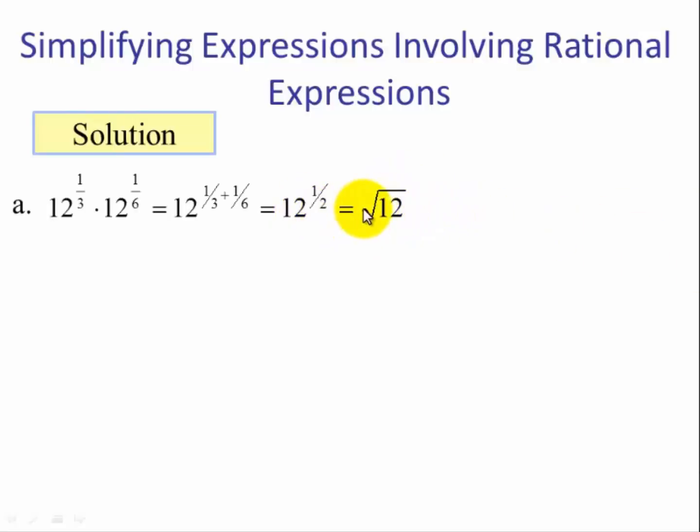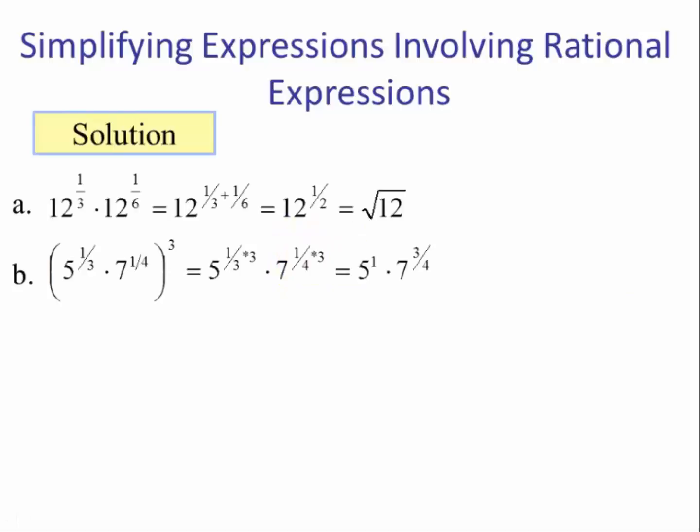These two are equivalent. For part B, we have 2 different bases raised to the 3rd power. So for every base, each power will be multiplied by 3. So we have 5 raised to the 1/3 times 3 power, and we have 7 raised to the 1/4 times 3 power.